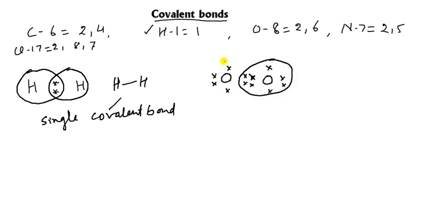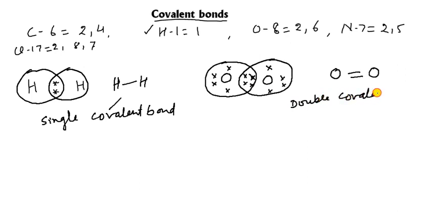So they share 2 electrons like this, and they also share 2 electrons like this, and they form a double covalent bond. So oxygen and oxygen share two pairs of electrons, so that is the double covalent bond.